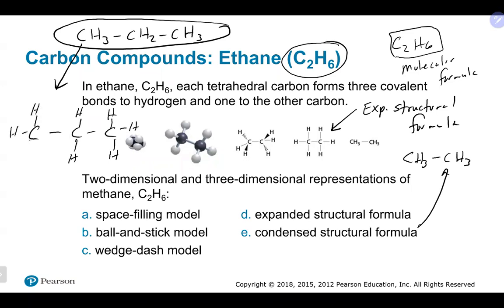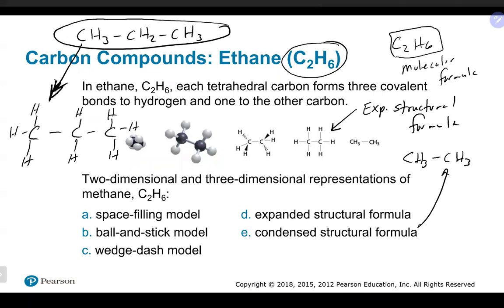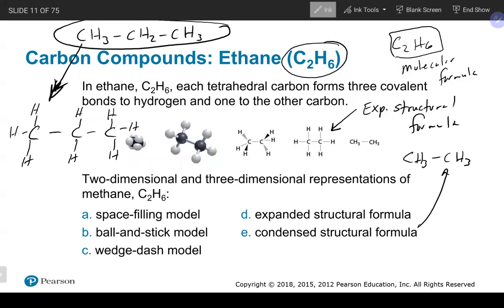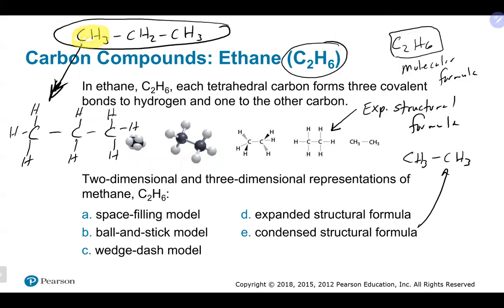So although in condensed formula we sometimes show the connection between the hydrogen and the carbon, this here represents this. If we look at it, this is CH3, that is the carbon and 3 H's, which is CH3.